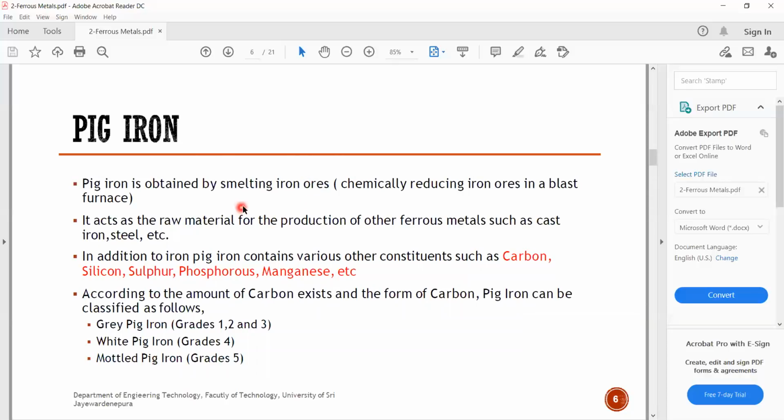How you extract the pig iron from the iron ore is a process you don't need at this moment. There are different types of furnaces available. Using one kind of furnace, you have to blast these iron ores using a chemical process, right? So using the chemical process, you extract this pig iron from the iron ore.